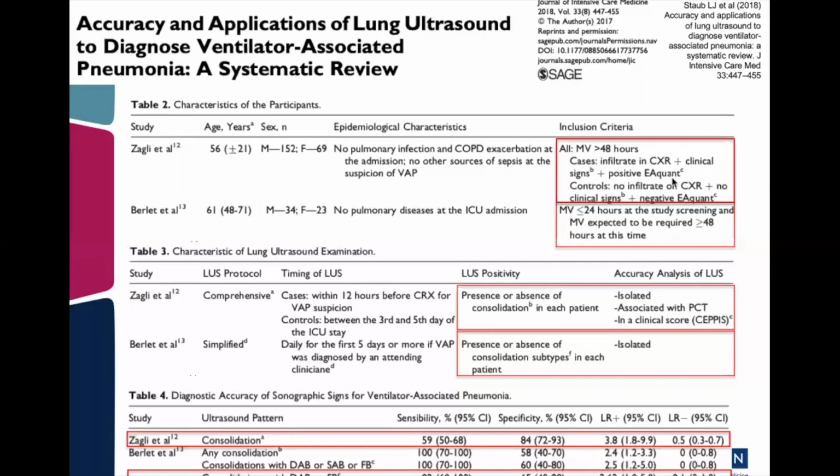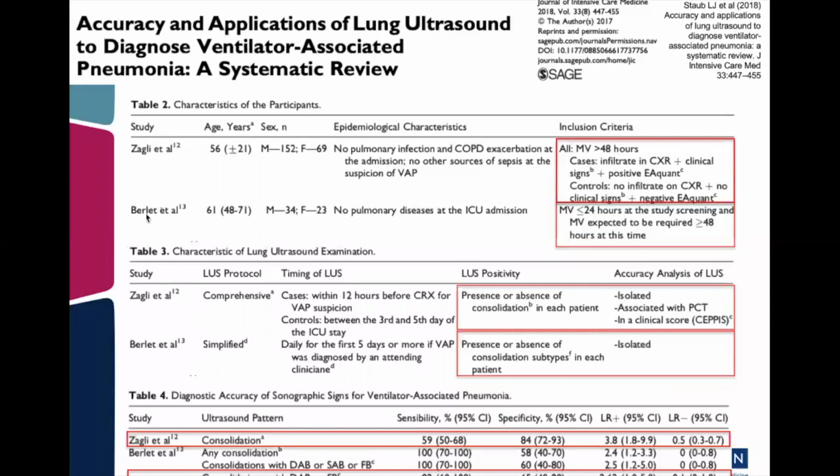In these cases where there was clinical evidence of pneumonia, they found that the presence of consolidation by lung ultrasound had a sensitivity and specificity of 59% and 84% for pneumonia compared to controls who had none of these features: no infiltrate, no clinical signs, no tracheal aspirate.